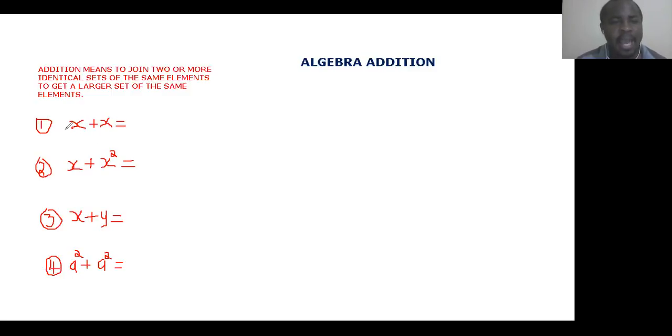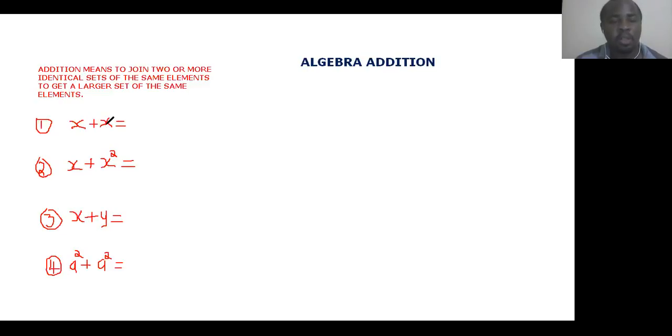We have x here, number one. So in other words, we have one set of x here, and we want to add that to one set of x again. And what we can see here is that these two sets are identical. They are both x and x.